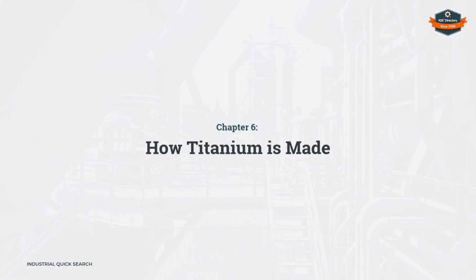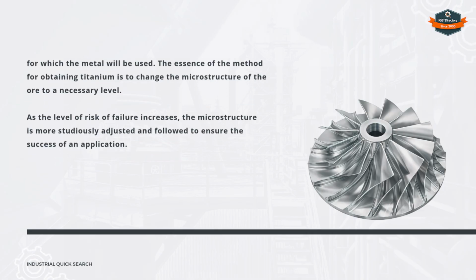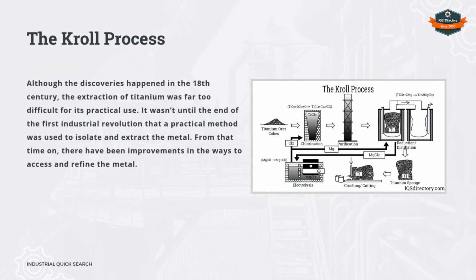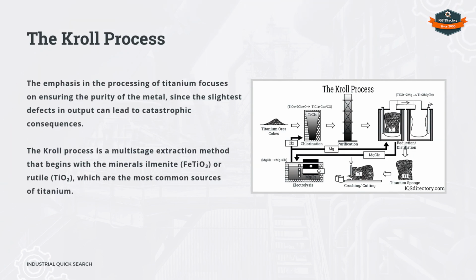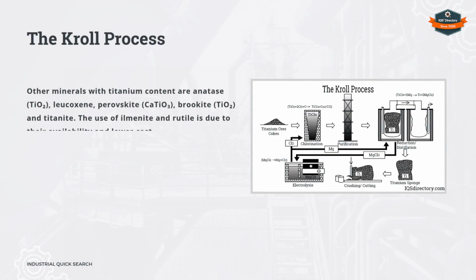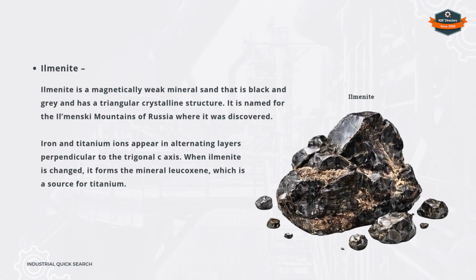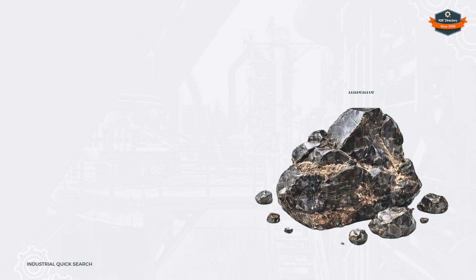Chapter 6. How titanium is made. The Kroll process. Ilmenite. Rutile.